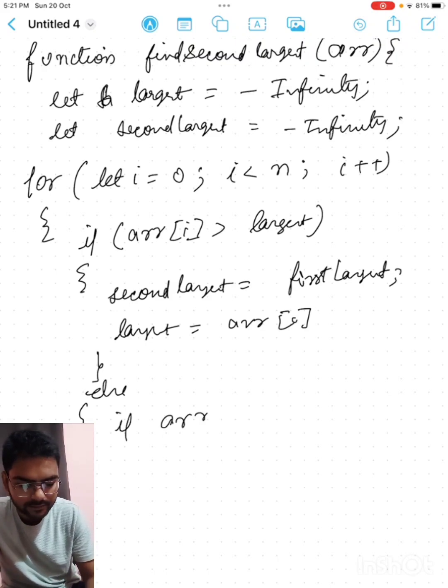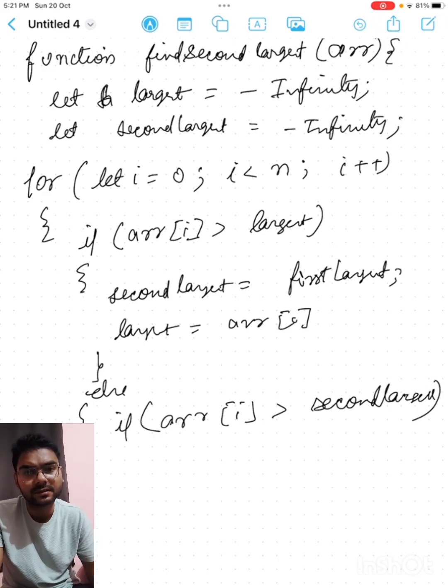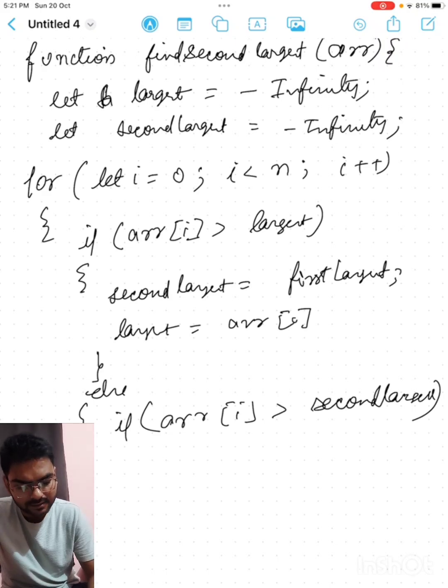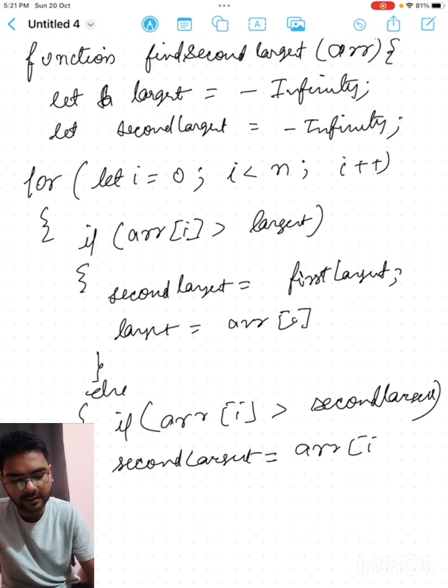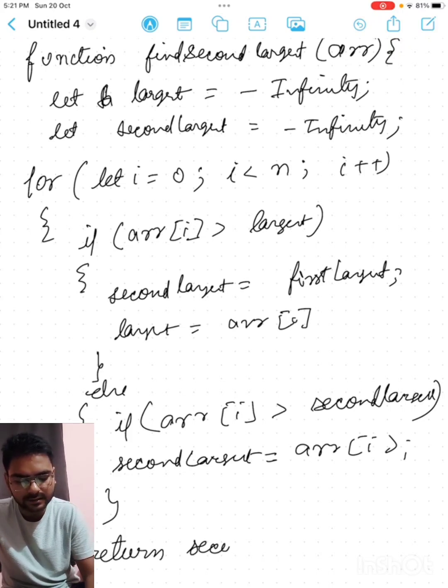If array of i is greater than second largest, because the number is not greater than largest, but it can be greater than second largest, so in this case we will set second largest equal to array of i. So this complete loop ends over here, and at the end what do we want? We want the second largest. So we will return second largest.